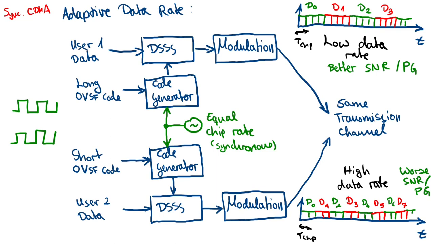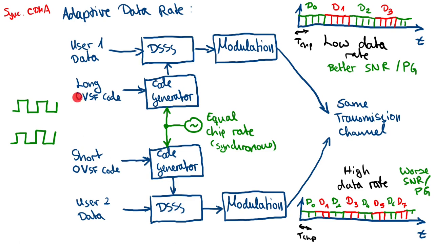But you have now codes of different length, but because they are constructed out of the orthogonal variable spreading factor code tree, the 2 chosen codes are orthogonal, and you can use the CDMA here and transmit the 2 signals over the same transmission channel using the same frequency and at the same time.